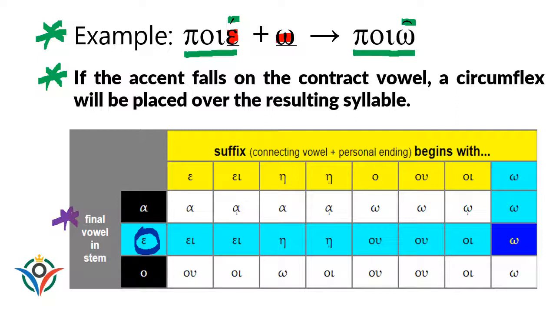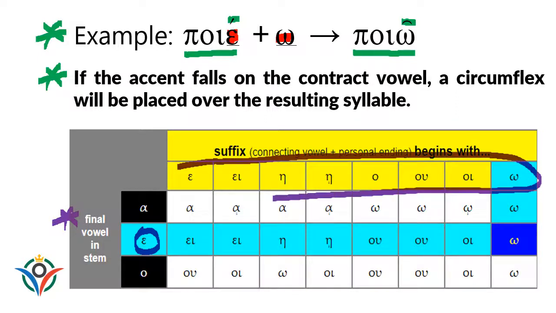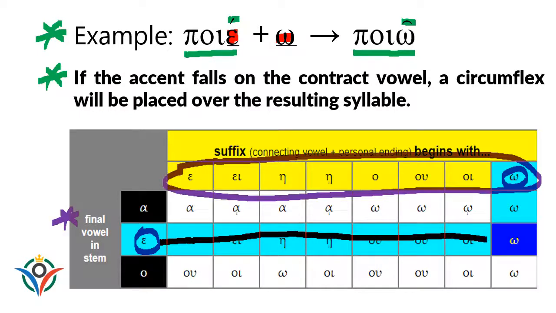So we look for it at the top here. These are all the options here at the top, but we want to focus on the omega. And so literally what we do is we just take our target and we follow along until the contract vowel meets the vowel of the verb ending. All right, so the answer then would be the omega. So that's how we end up with the poio, and we put a circumflex at the top.